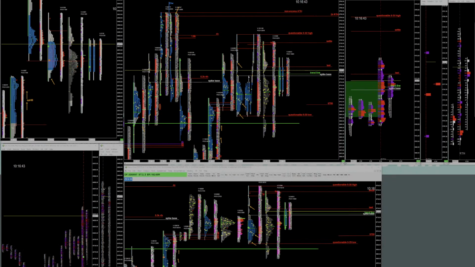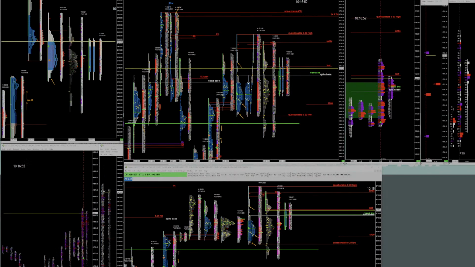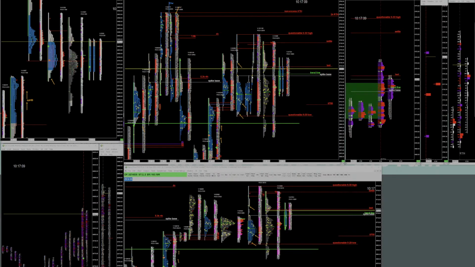But the thing is, if you are playing the market as a rotational day, being on the short side up here or the long side down here throughout the day, when this happens, you may get just too tired, man. I feel really tired just to keep doing anything here.